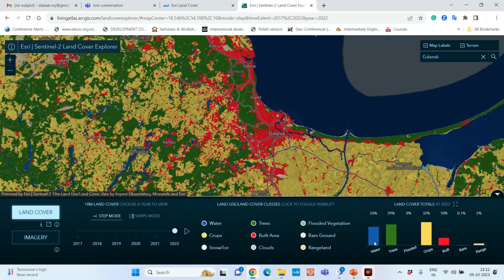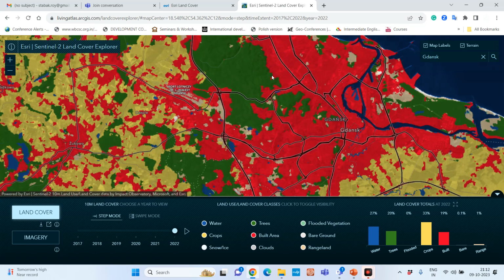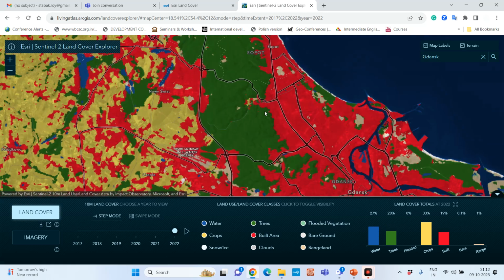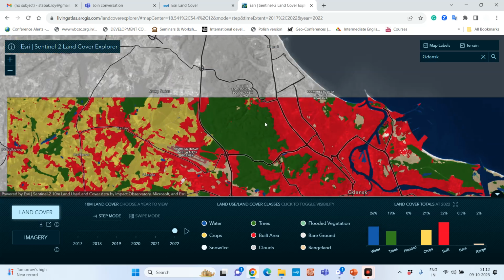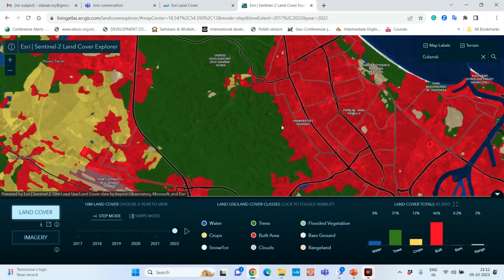The blue is the water body. If you zoom in, you can better understand the particular feature. If you zoom in more, you can better understand that particular area.